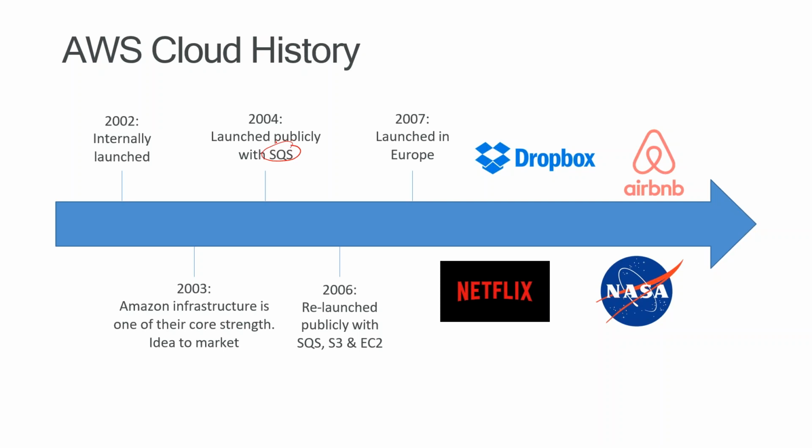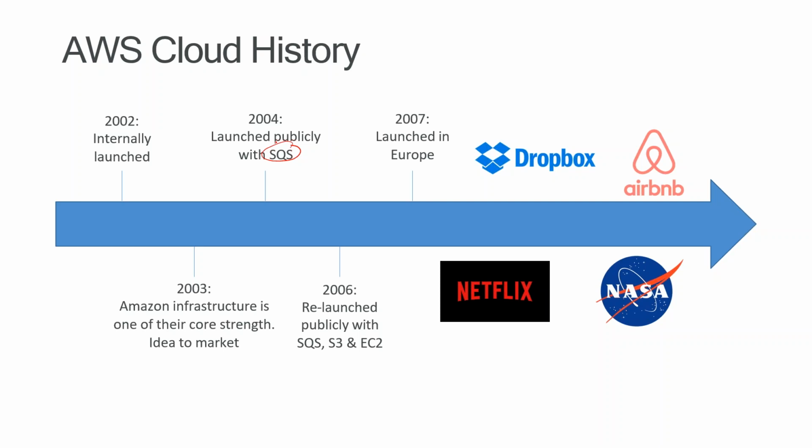Now, SQS is a simple queue service. Let's say two applications are talking to one another, one application sends a message to another application, so that message will be sent via SQS. So this is one of the very first services that AWS launched.